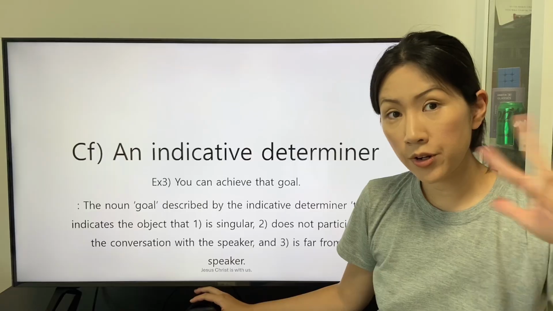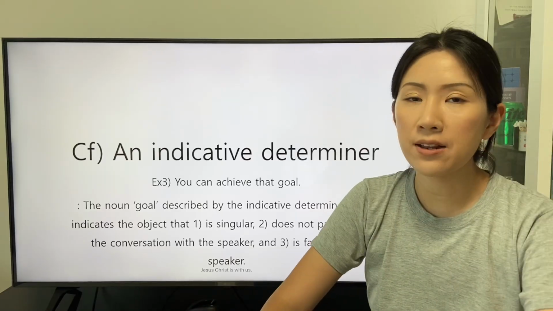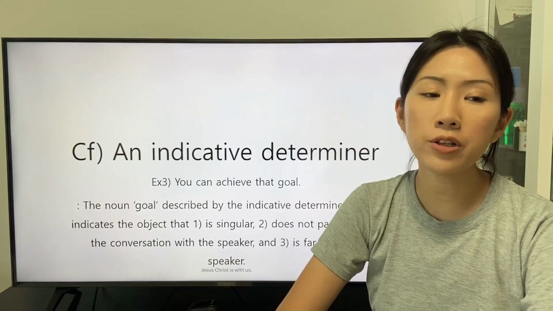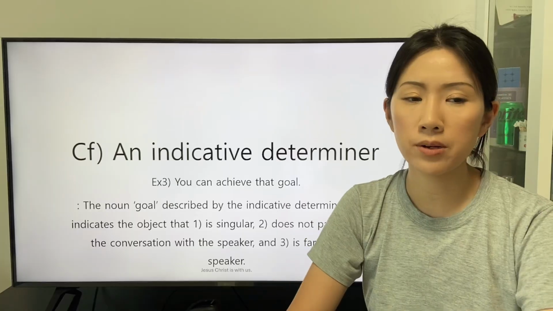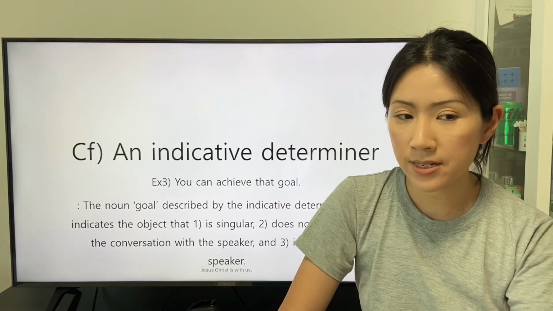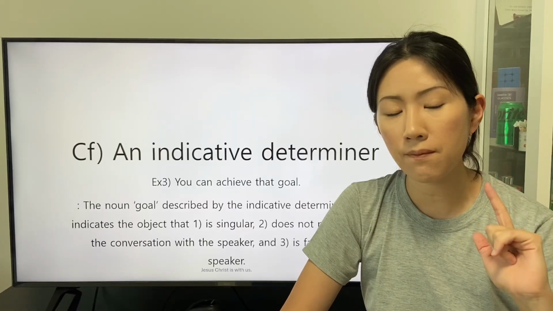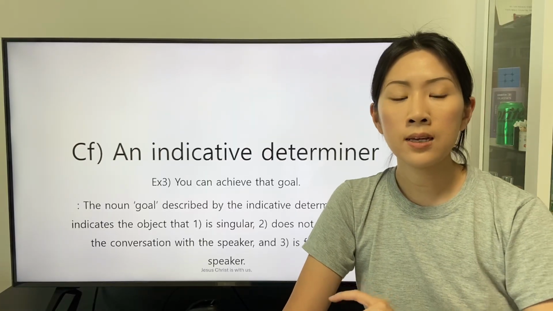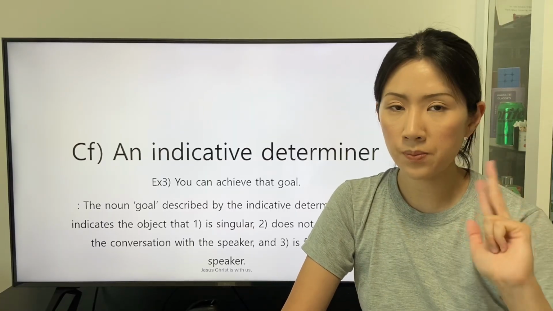There is the third example. You can achieve that goal. The noun goal described by the indicative determiner that indicates the object that is singular, does not participate in the conversation with the speaker, and is far from the speaker.